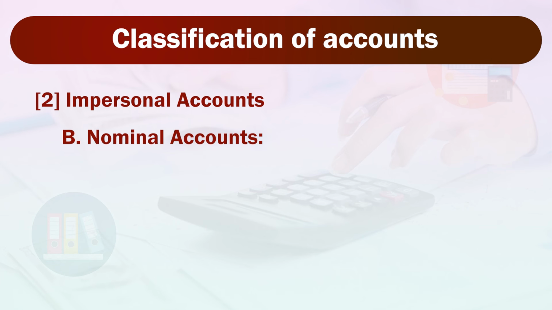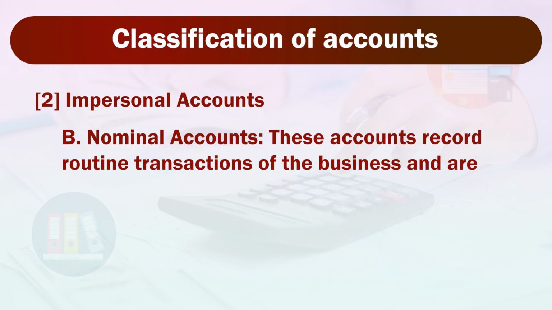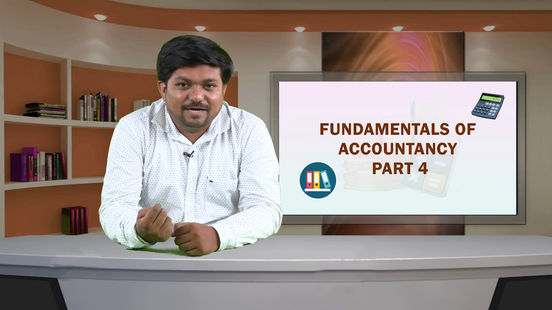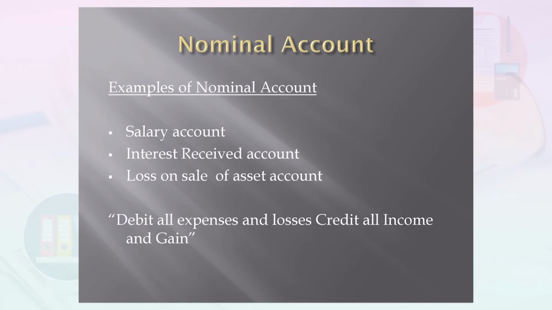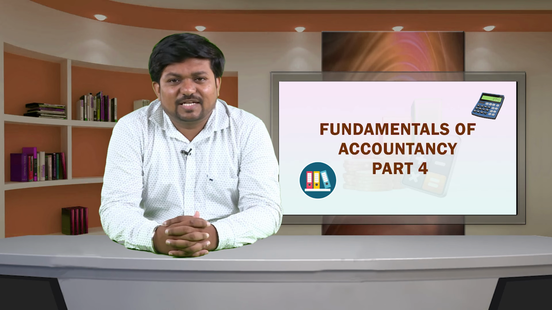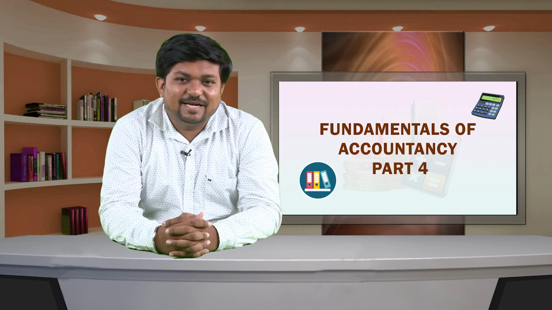The second is nominal account. These accounts record routine transactions of the business and are revenue in nature. These accounts include rent paid, rent received, commission paid, commission received, interest paid, interest received, and these items can be in the form of expenses as well as income.